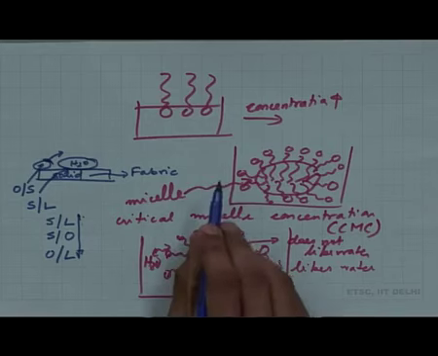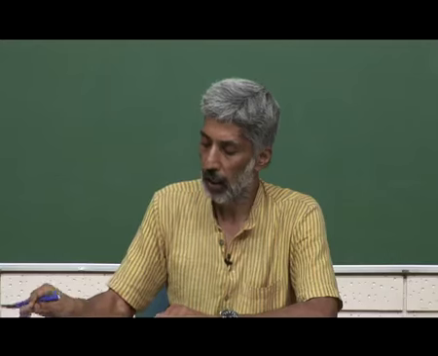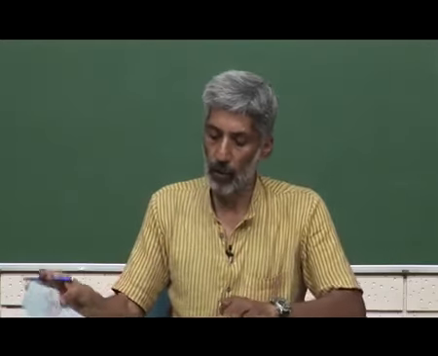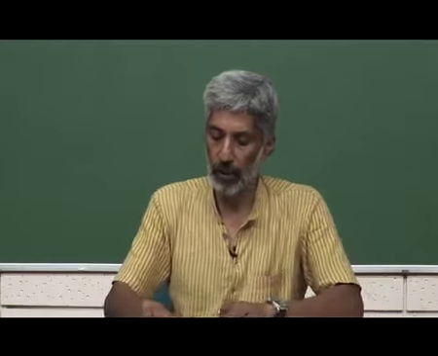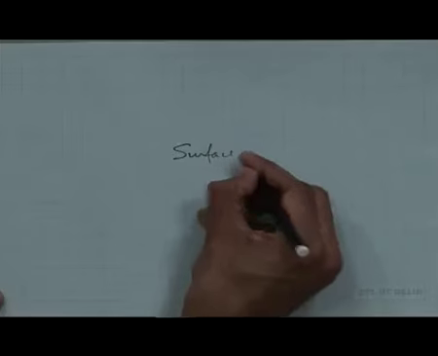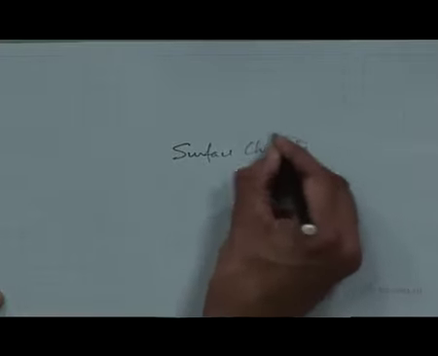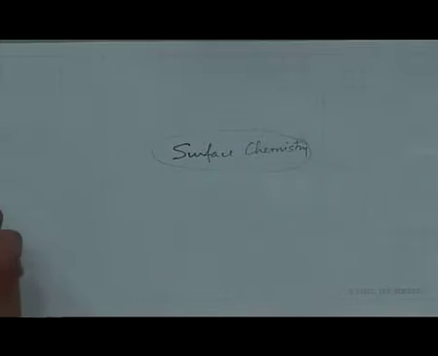So, with this I think we will conclude our discussion on surface chemistry, and like we said, concluding, I will just summarize what we have learnt. We said the surface chemistry that we have discussed has primarily focused on three things.